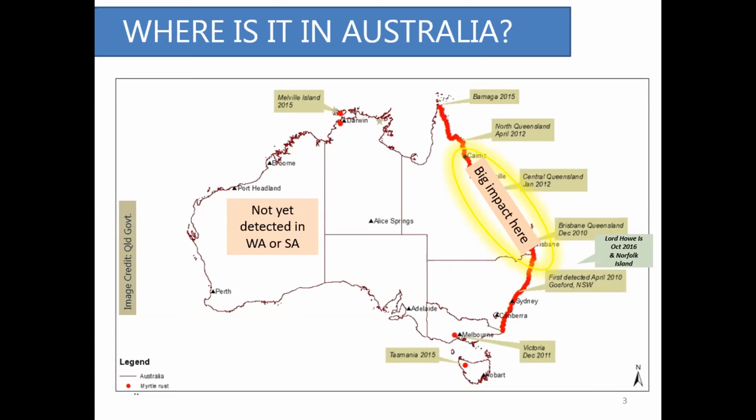It was Myrtle Rust. And obviously, a big incident response was mounted on a national level. It was first detected in April 2010, and a decision was made in December 2010 that the disease could not be eradicated, and there was a need to move to a transition to management. Now, the story is a little bit more complicated than that, but I'm not going into the detail.